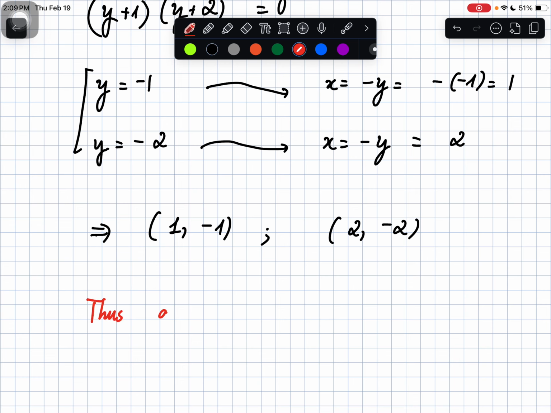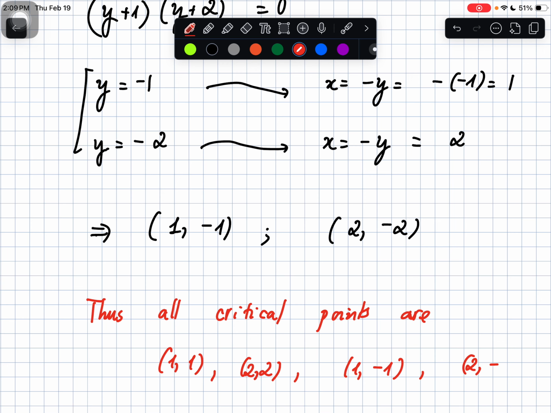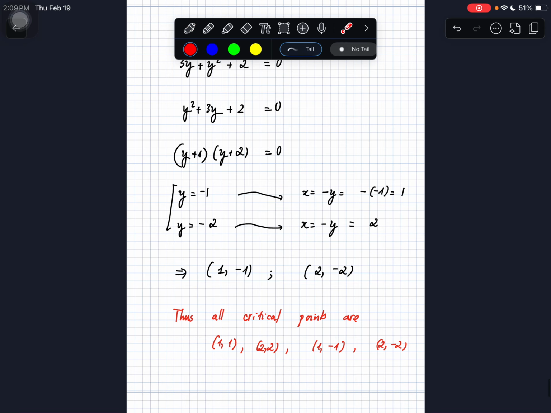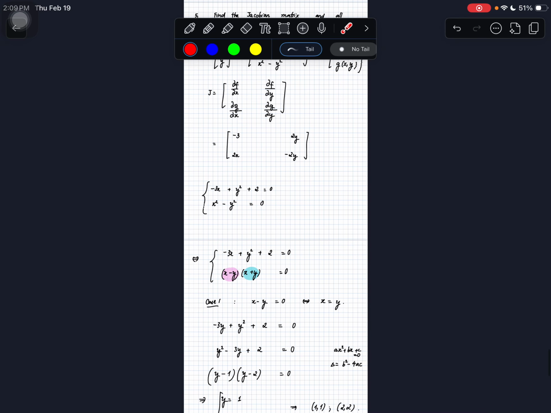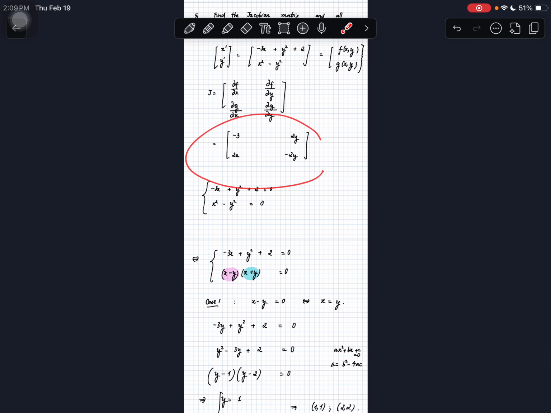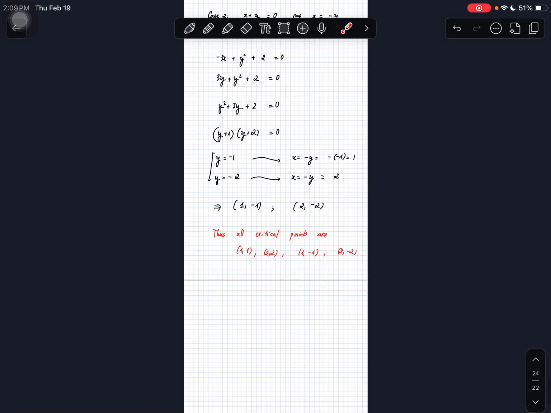All critical points are (1, 1), (2, 2), (1, minus 1), (2, minus 2). So we answered all the questions we have. We found the Jacobian matrix, which is this matrix, and we found all critical points.